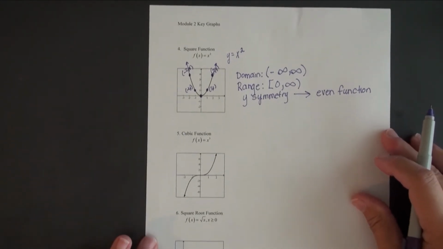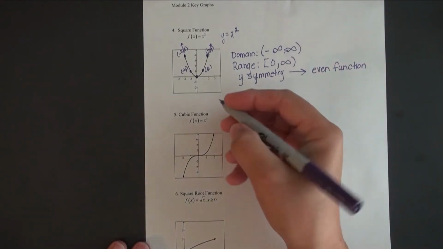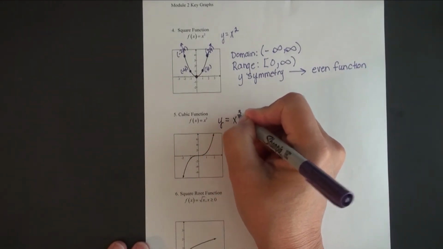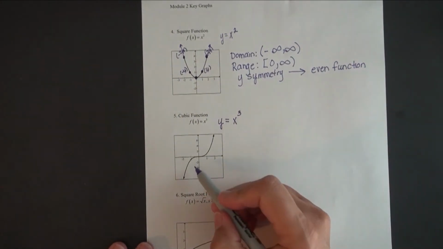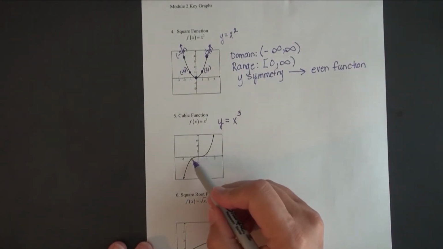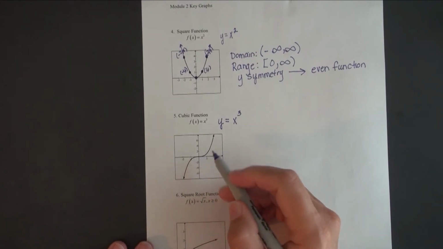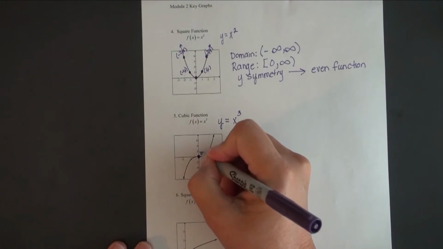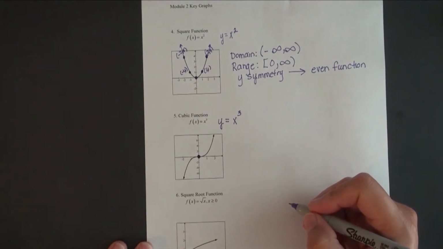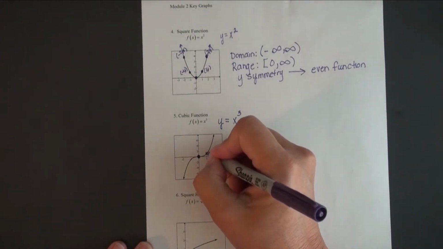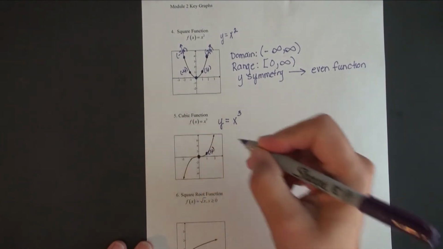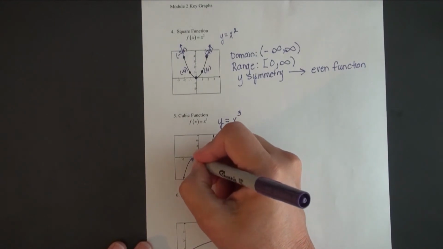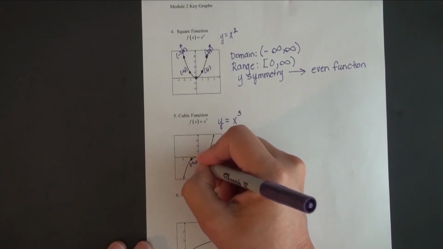Our fifth function is called the cubic function, and that is the equation y equals x to the third power. Now in this graph it looks like it kind of lays down on the x-axis, but it doesn't. It just approaches it. So this is a function that goes through 0, 0, it goes through 1, 1, because 1 to the third power is 1, and it goes through negative 1, negative 1.